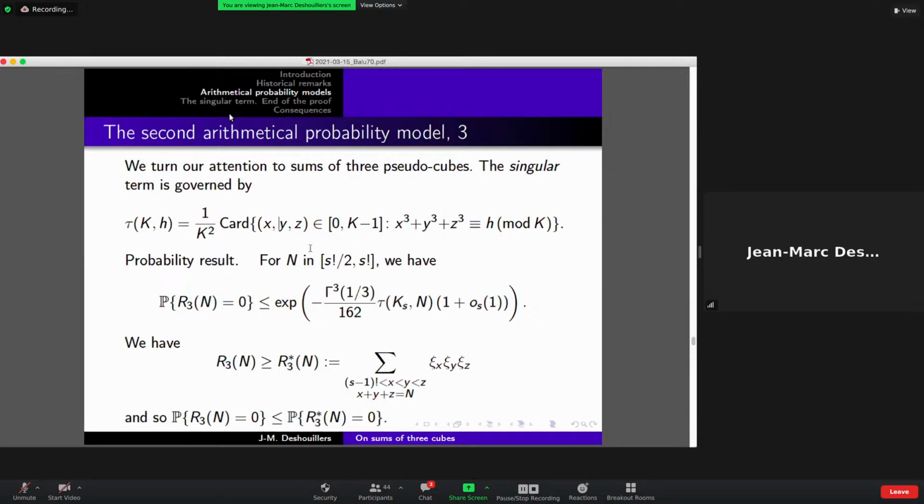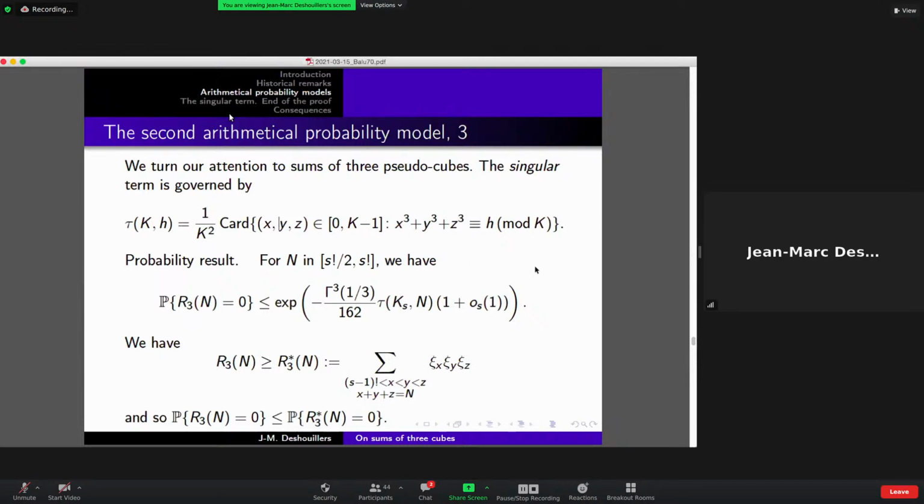And for n in s factorial over 2 to s factorial, the probability that R3(n) is equal to 0 is very small. We have an upper bound, which is at most an exponential times some gamma factor and the local factor tau of ksn. And this is the good order of magnitude.